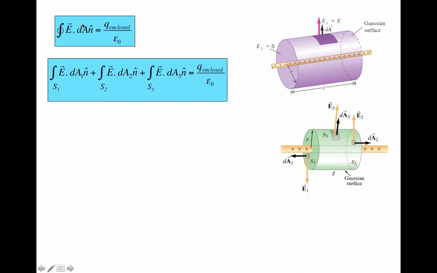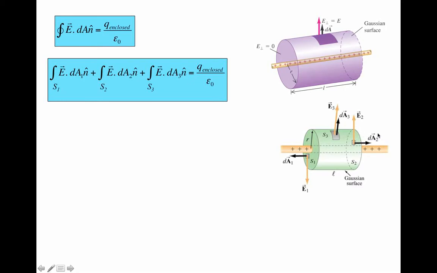So I break this closed surface integral into three surface integrals. I'm going to look at the angle between the electric field and the area for each surface. As you can see, the electric field is constant. It's directed this way, and this way from the other side.